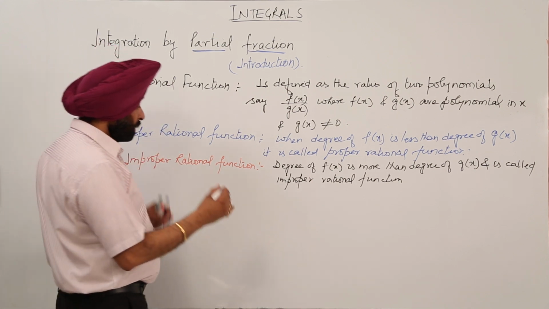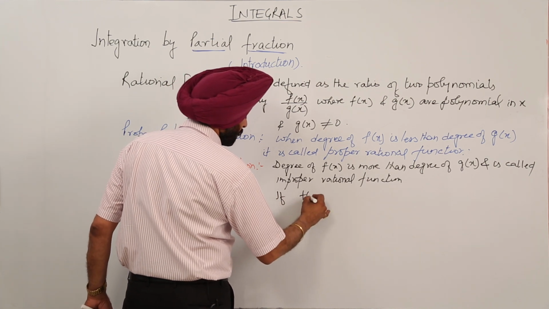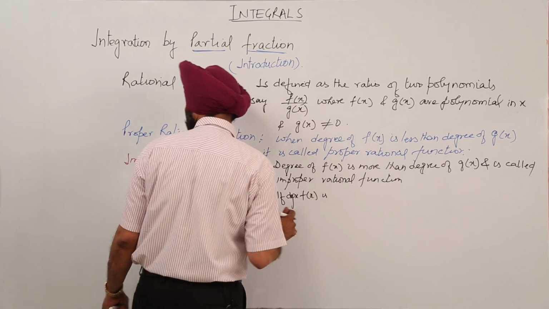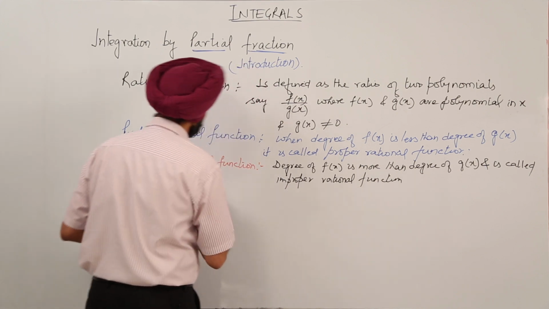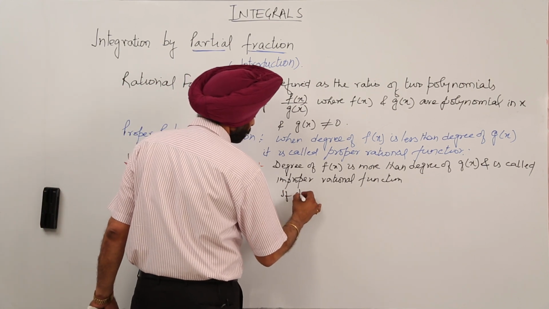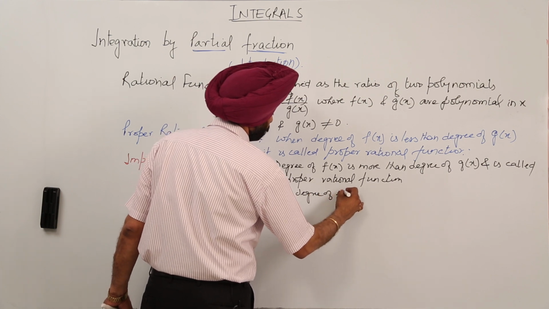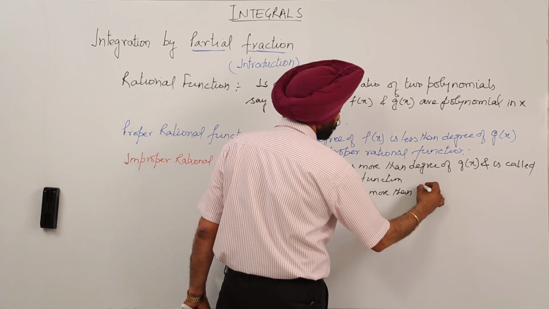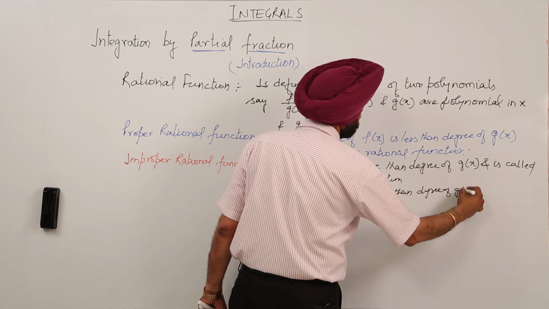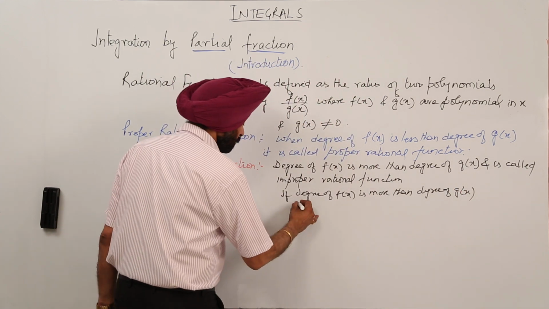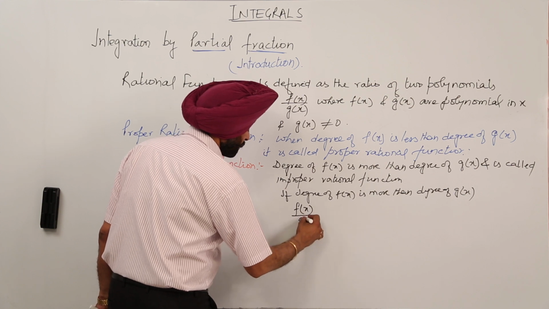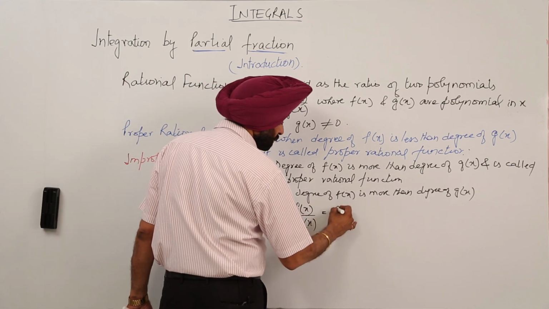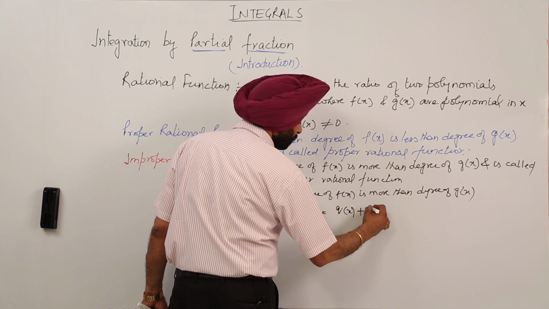Now if degree of f(x) is more than degree of g(x), then what we are doing, we are dividing f(x) by g(x), and then we are writing this as a quotient plus remainder.